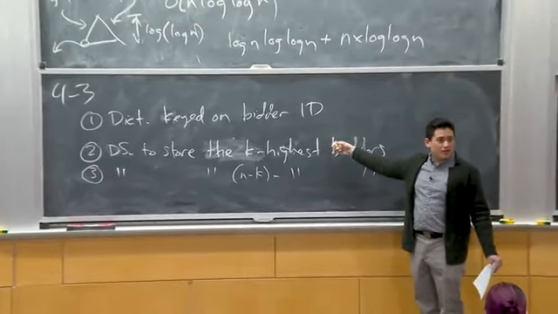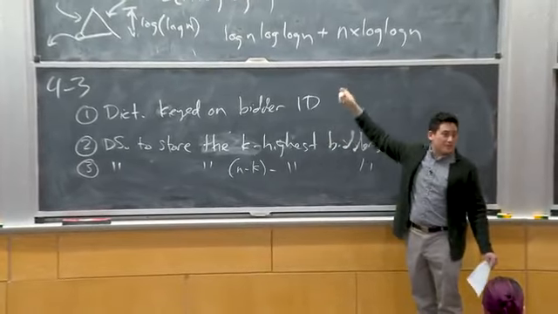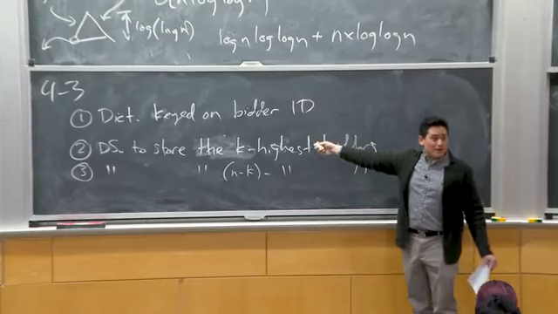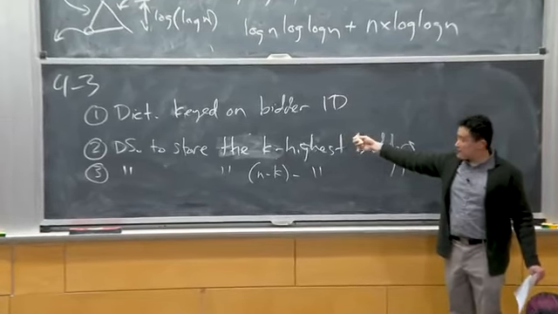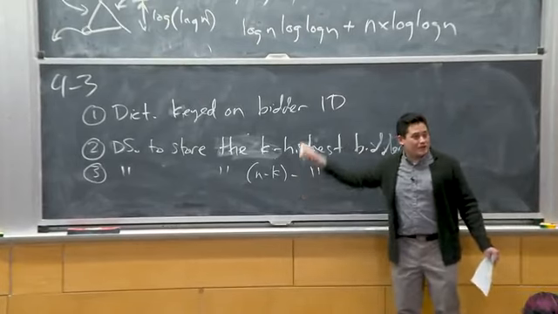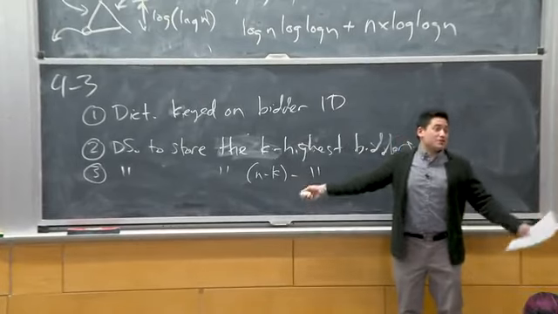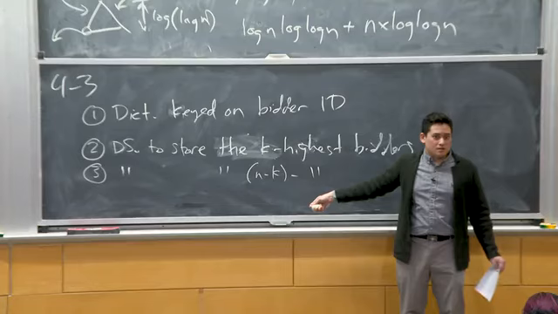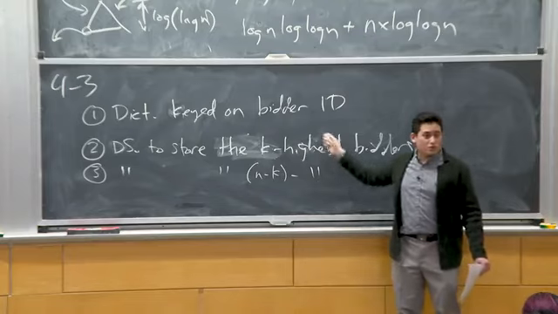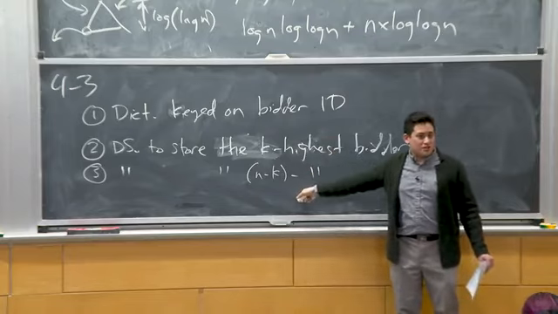If it is, I can do the same kind of trick I did before: I can remove it and stick my new one in there, and since I removed something, I have to maintain this property, so I stick it in here. There's another case. What's the other case? It's smaller, in which case I don't do anything to this data structure and I just stick it into here. Does that make sense?